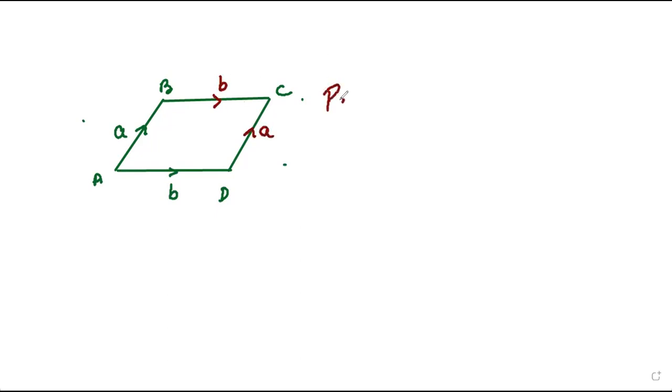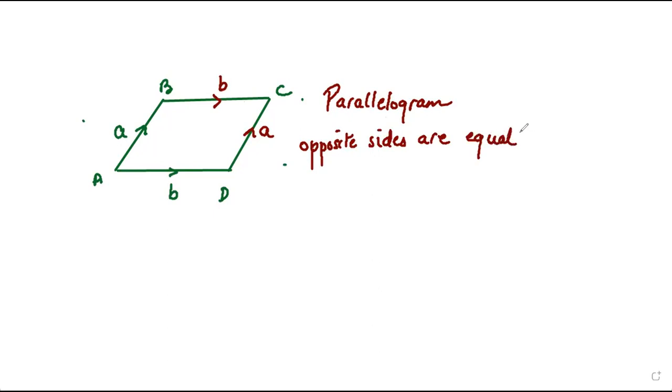So in parallelogram, that's for vector, opposite sides are equal and their magnitude are equal as well.